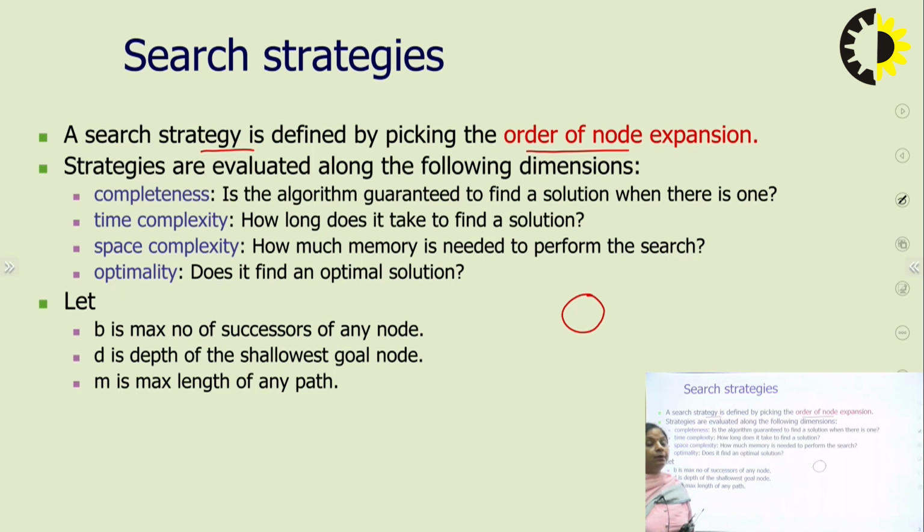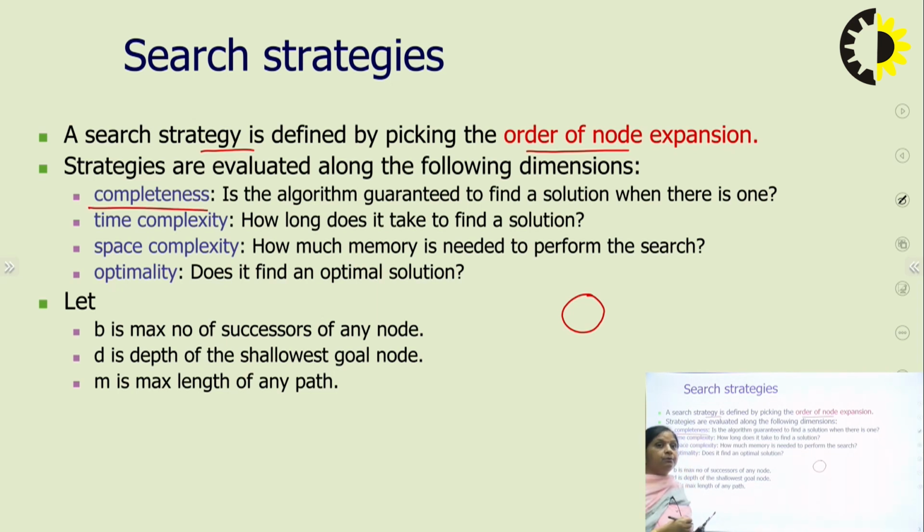When we have different existing search strategies, how do we evaluate them? Finally what we are going to use depends on different parameters. To start with, we will talk about the parameters on which we will evaluate these strategies. The first one is completeness.